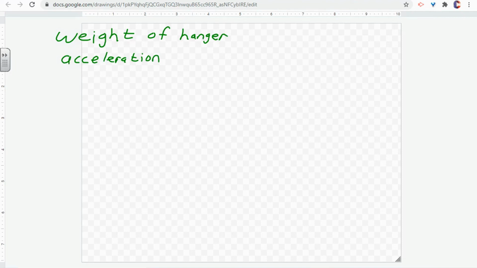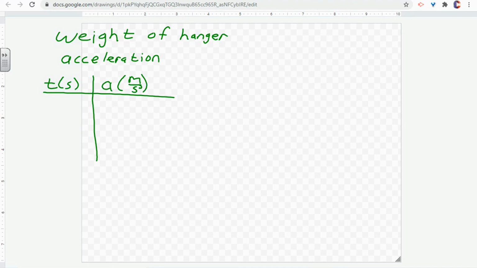All right, to recap, what you are going to collect is you're going to change the weight of the hanger, and you are going to calculate the acceleration. From that, you're going to end up with a data table that has time in seconds, and from that you're going to use the kinematic equation that we derived to calculate the accelerations in meters per second squared.